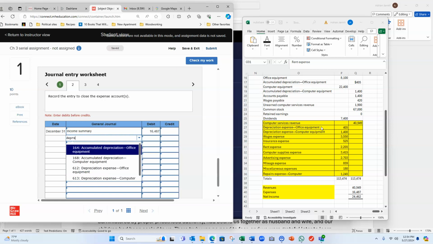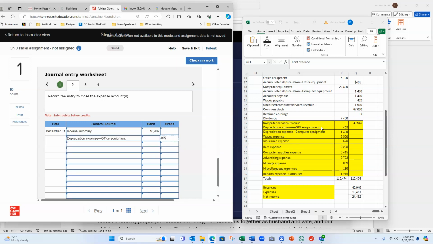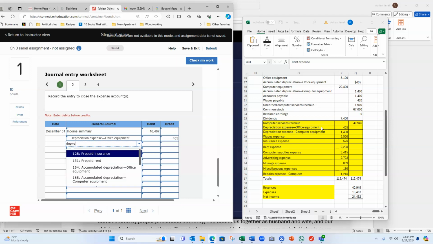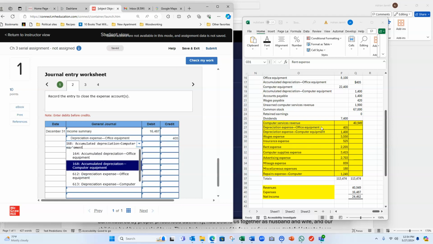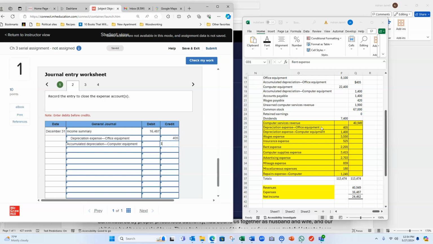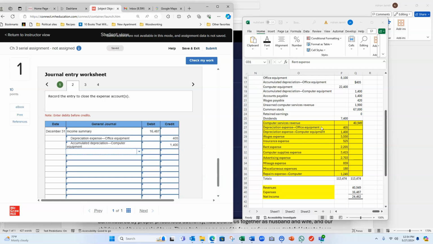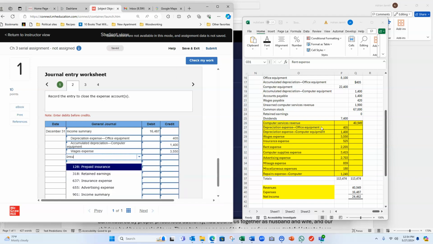Depreciation expense, $405. $1,400. $3,550. Insurance expense for $525. Rent expense for $2,205.